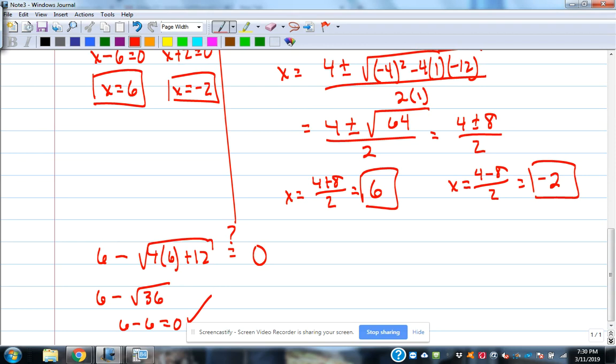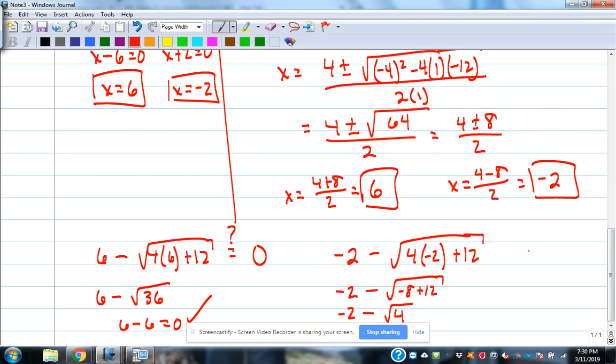It's possible that I'm keeping negative 2 as well. If I plug in negative 2 minus the square root of 4 times negative 2 plus 12, that'd be negative 2 minus the square root of negative 8 plus 12, which would be negative 2 minus the square root of 4. What's the square root of 4? 2. What's negative 2 minus 2? Nope.